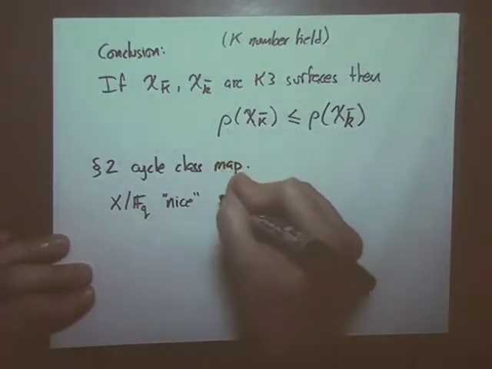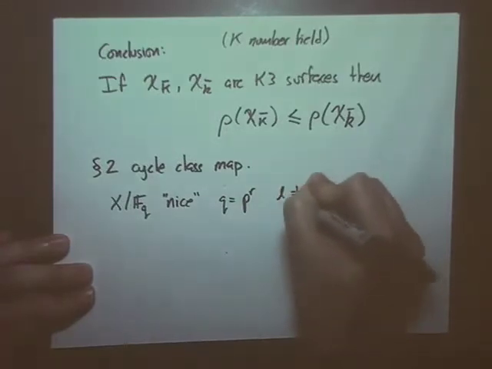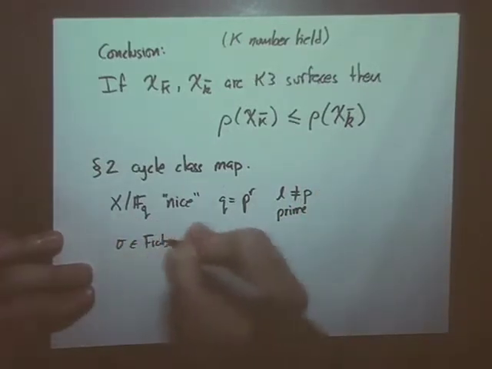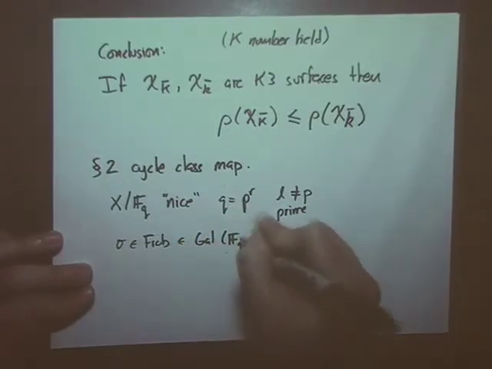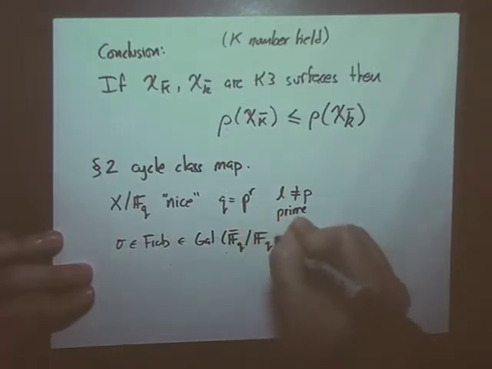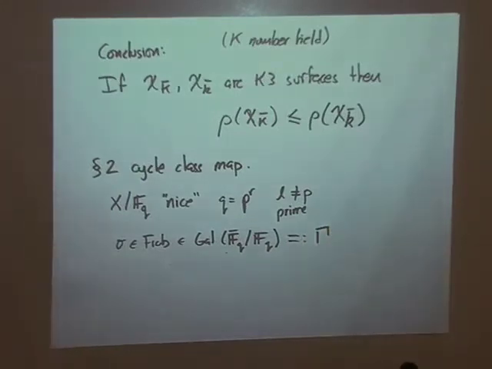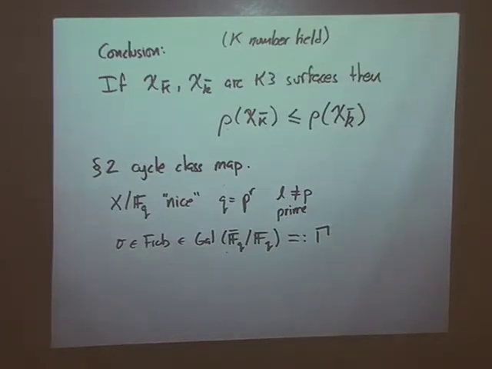And q is going to be p to the r, and l is going to be a prime different from p, and I'm going to look at Frobenius, the topological generator of the Galois group of some algebraic closure of F_q bar over F_q, which I'll call this group gamma. Eventually, this sigma is going to disappear for a little bit. This is going to be Frobenius.